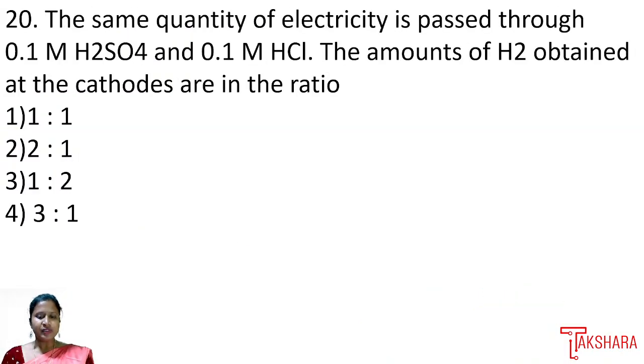Next, the same quantity of electricity is passed through 0.1 molar H2SO4 and 0.1 molar HCl.